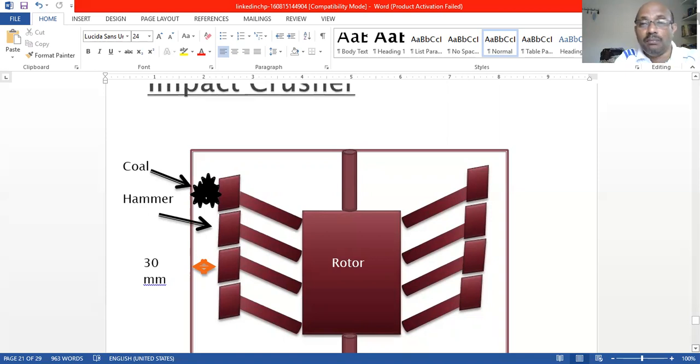Another one is the bucket elevator. So what is a bucket elevator? On two sides, two rollers will be there. In between, one belt will be there. That belt has different scoops. Coal is poured into those buckets, attached in one shell, like the same impact crusher.